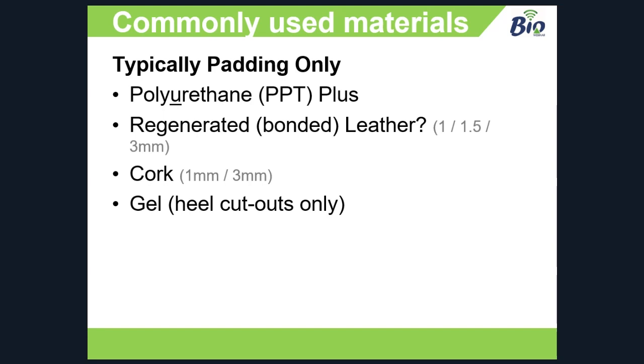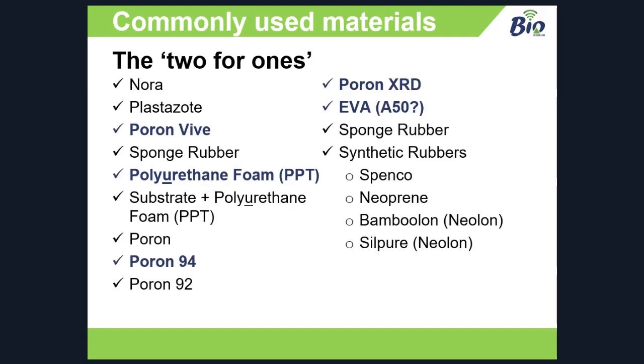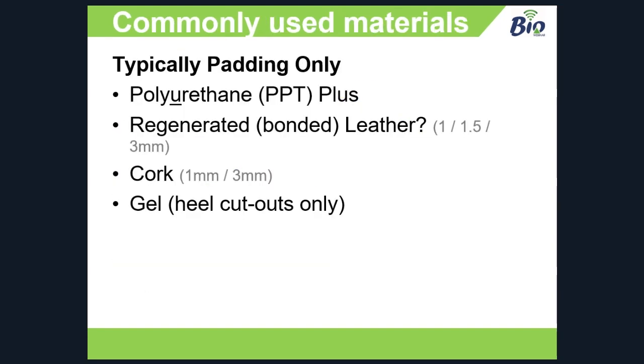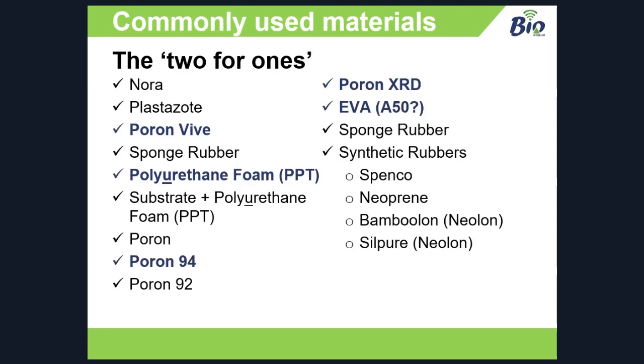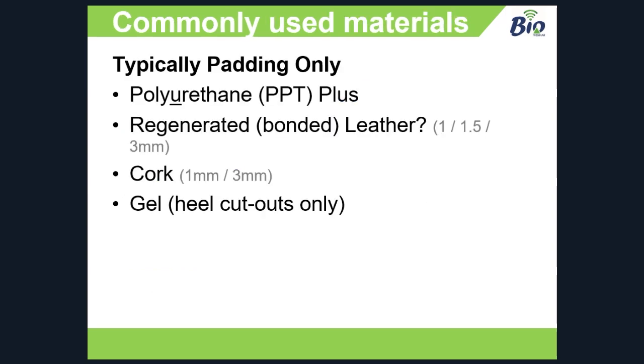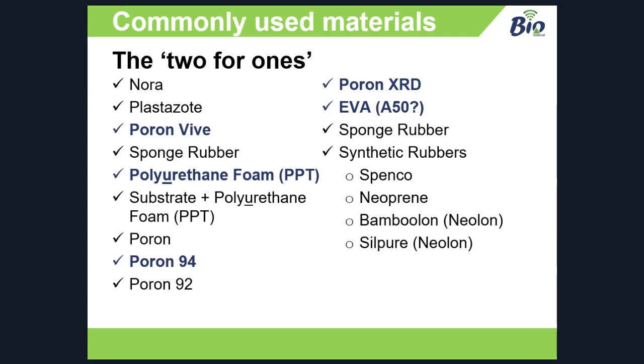This little section here just refers to those that are generally just used as padding, because you can have combinations where it's padding and top covers, which gets a bit complicated, but for the purposes of this, I'm just discussing the padding or the mid-layer compositions of these. So you've got 3 or 4 there, just 4 that I could think of off the top of my head. Generally, they're not applicable as much to be a top cover by themselves, whereas this one is.